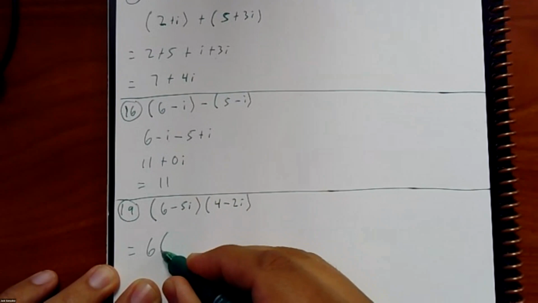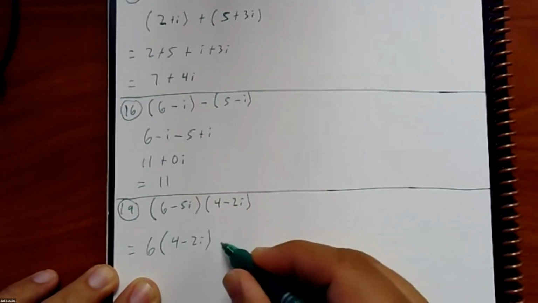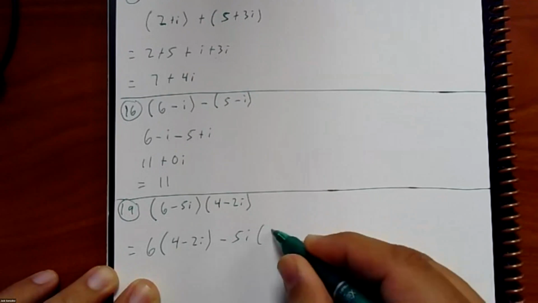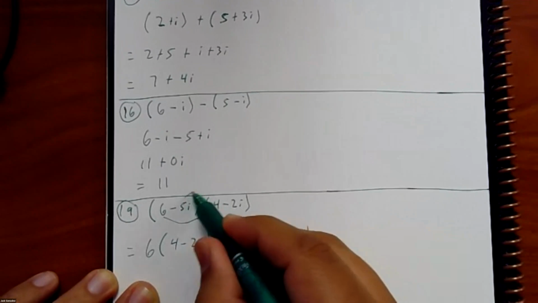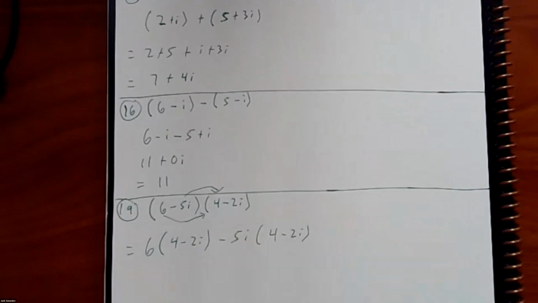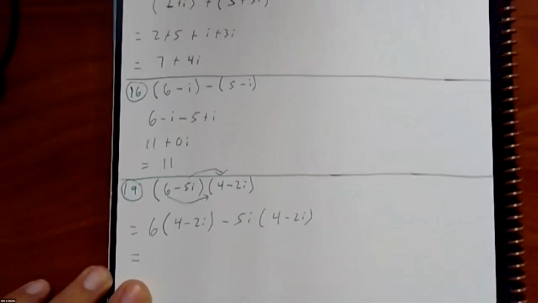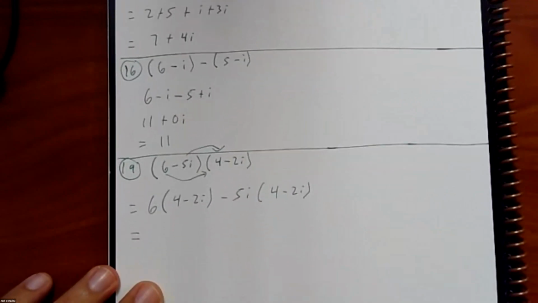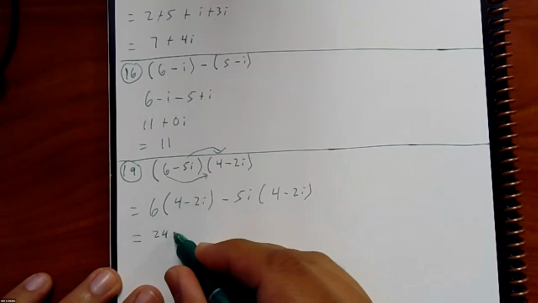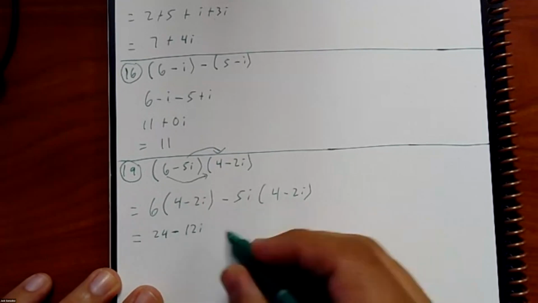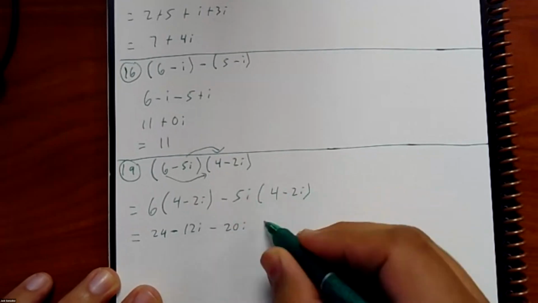So 6 times these guys, minus 5i times those same things. Then distribute 6 times 4, 6 times 2, negative 5 times that, negative 5 times this.